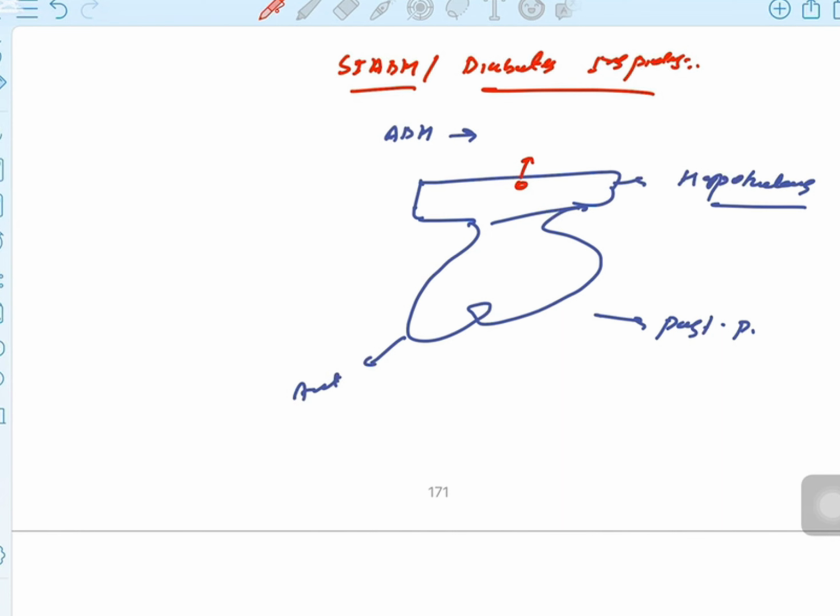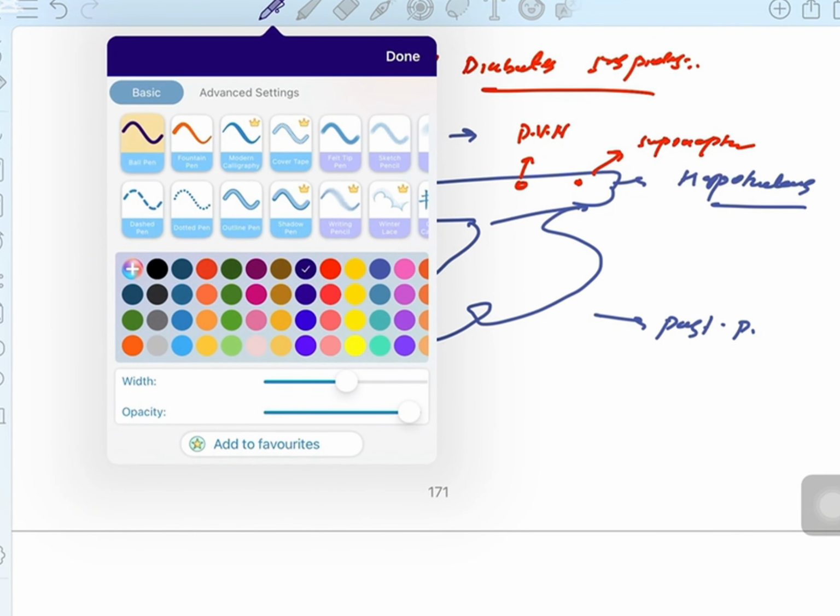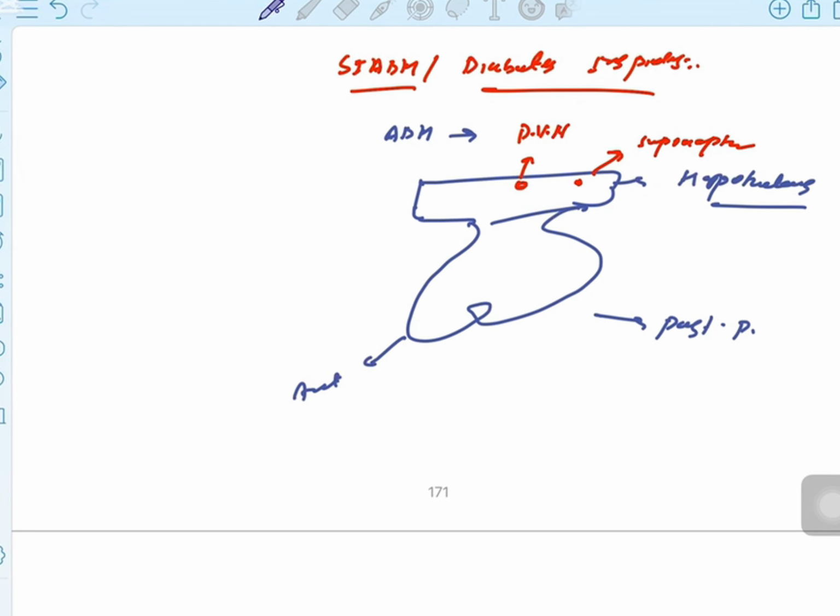The name of one nucleus is the paraventricular nucleus and the name of the other is the supraoptic nucleus. The paraventricular nucleus plays an important role in the production of antidiuretic hormone in the hypothalamus. From the hypothalamus, this antidiuretic hormone will come into the posterior pituitary. In the posterior pituitary, the antidiuretic hormone is stored and released when our body needs it.